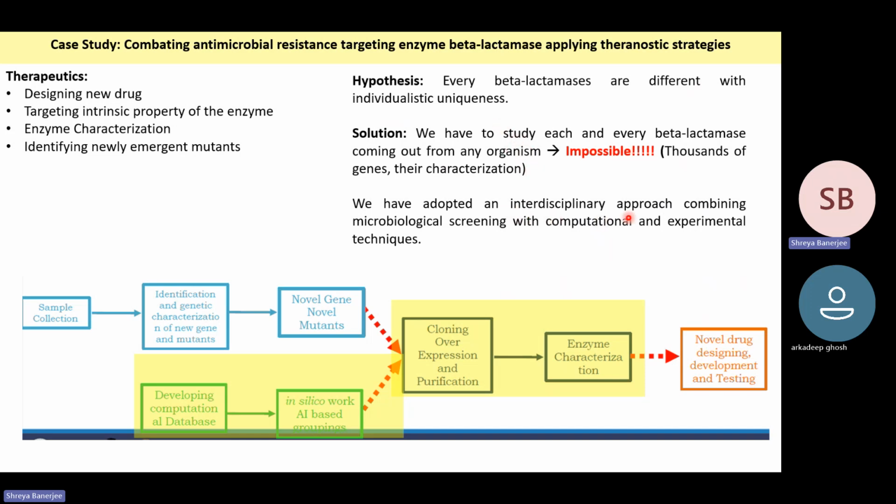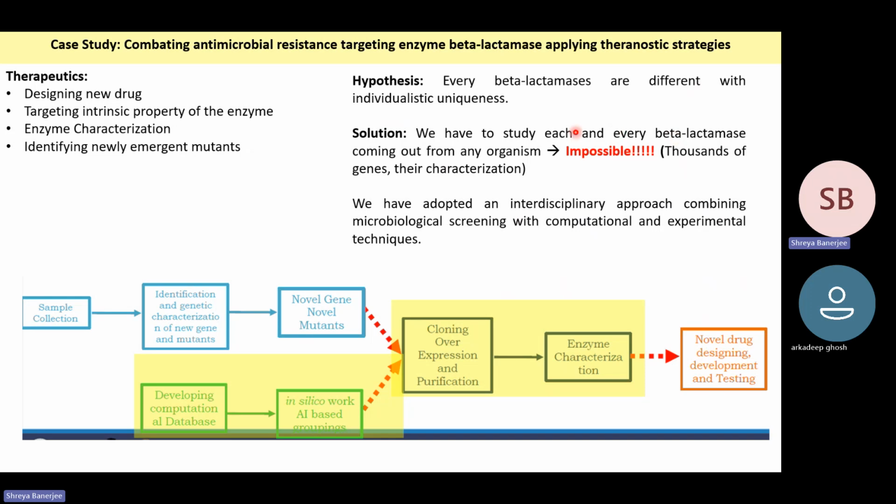So an interdisciplinary approach has been adopted, which combines microbiological screening with computation and experimental techniques. Basically, samples are collected and genes are identified, and then there is homology modeling, and it explains which genes are the novel mutants.